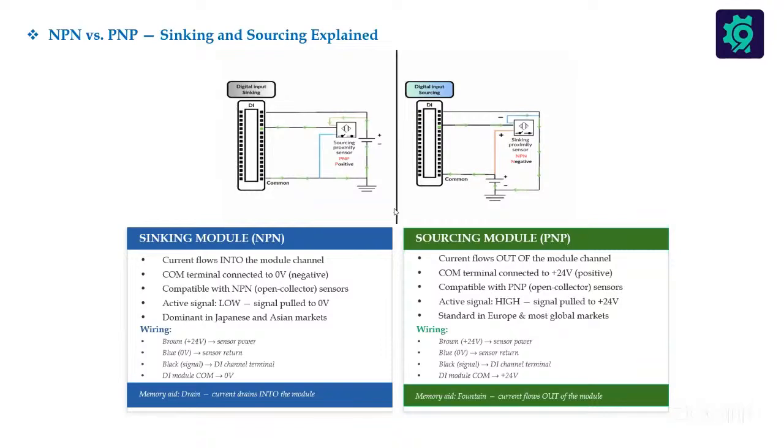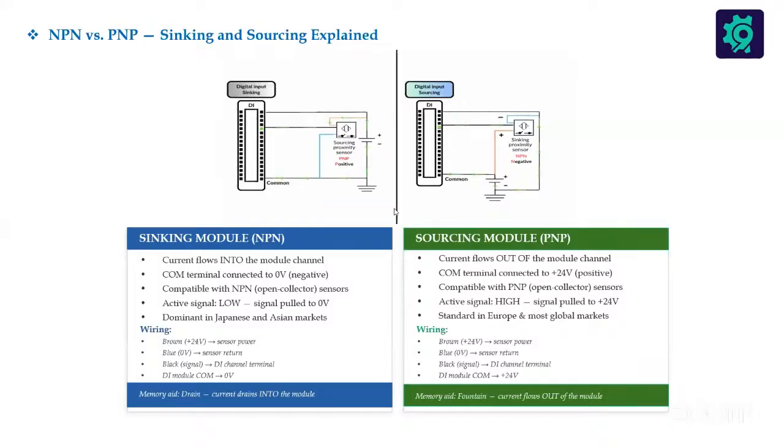But on the other end, for NPN, you will see that the common for the NPN is connected to positive. Then the negative is connected to the upper terminal of the PLC, and it is also connected to the sensor, and then the signal is connected directly to the PLC.